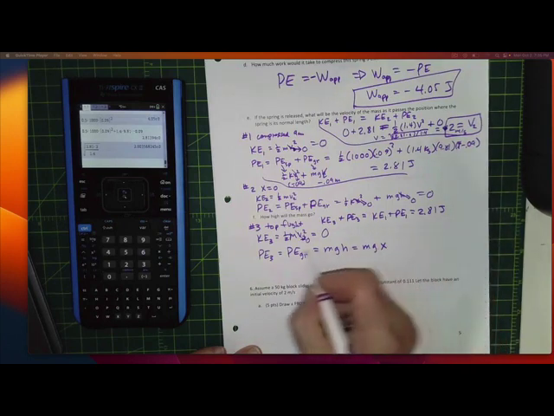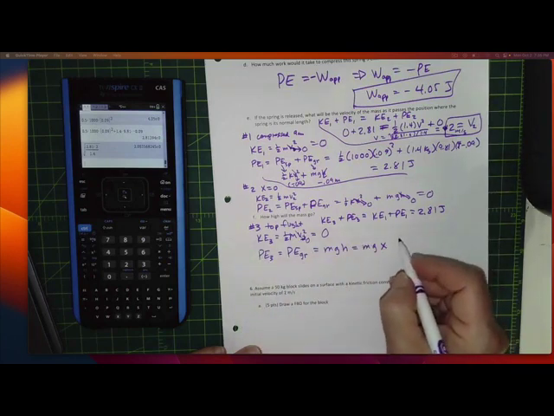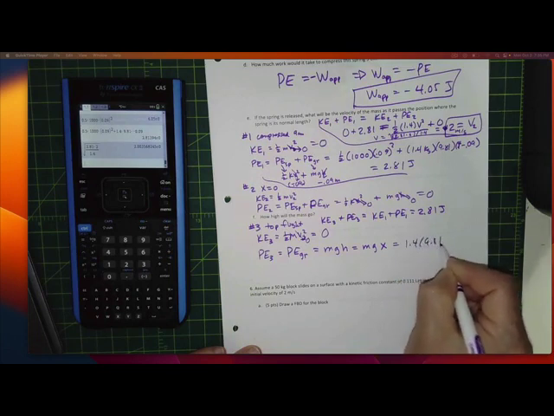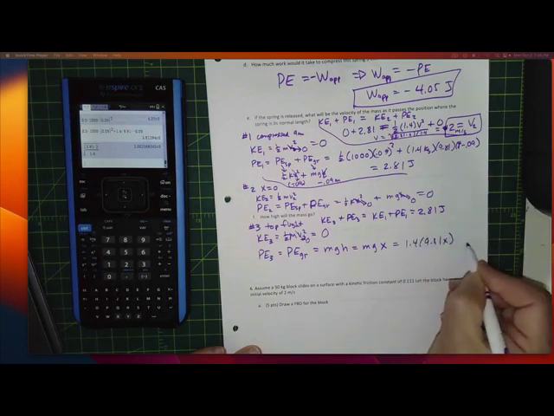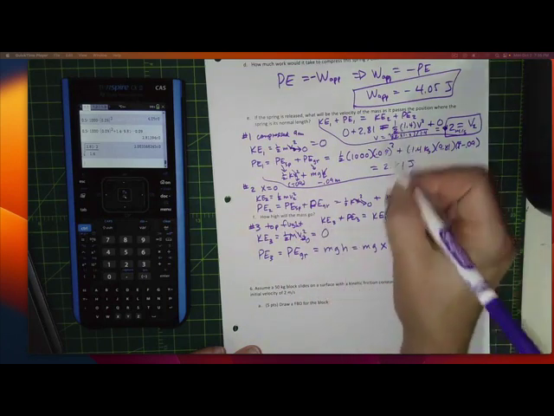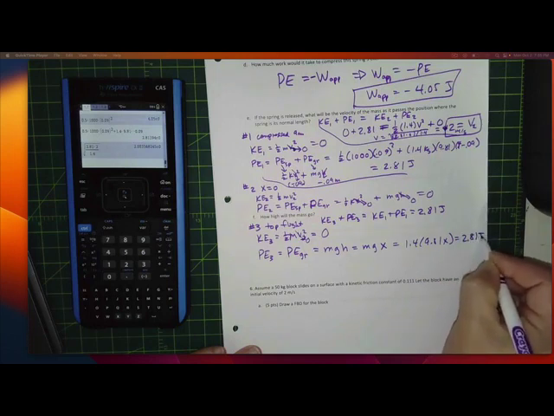So the total mechanical energy for condition 3 is just mgx, which is 1.4 times 9.81 times x. And that's got to be equal to the total energy from either one of these conditions above, which we got for condition 1, so 2.81 joules.